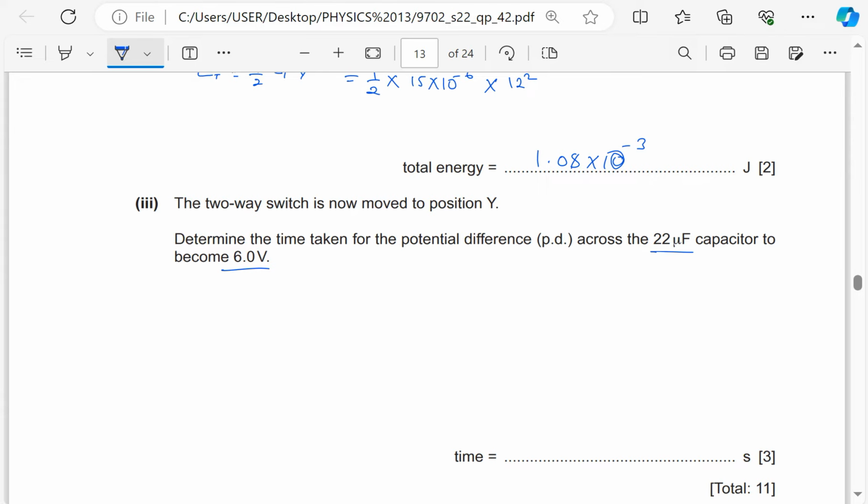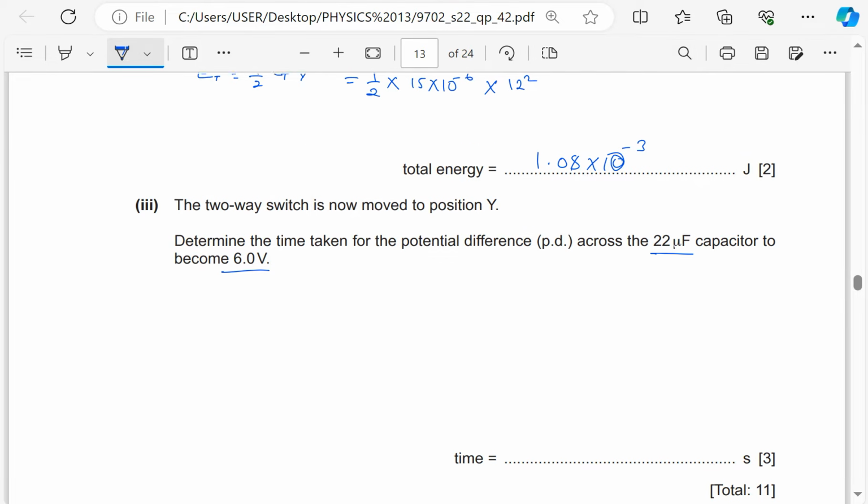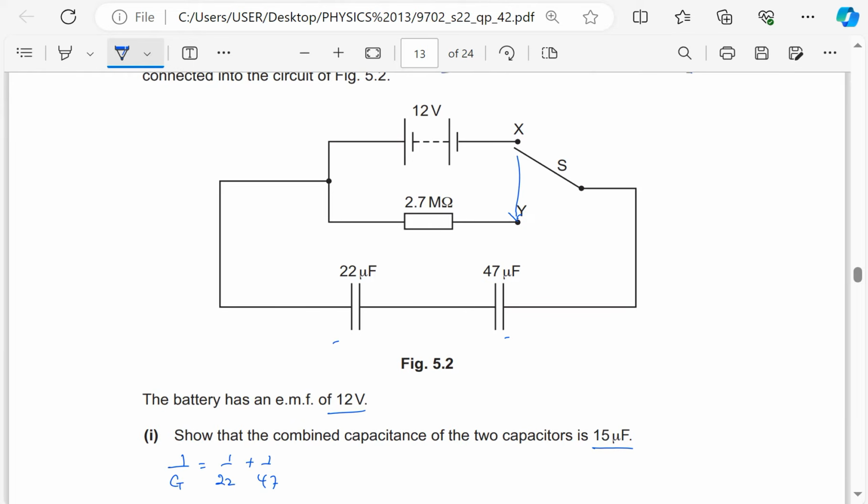Okay, so if I'm considering 6.0 volts, I want you to recall that if capacitors are in series, the charge is going to be the same. So the charge here, the charge Q is the same, and the charge here will be C1 times V1. The charge here will be C2 times V2. But the charge is the same, so it means C1 times V1 should be the same as C2 times V2.